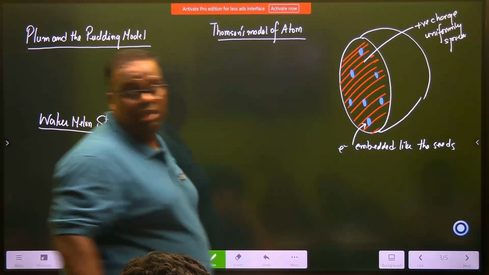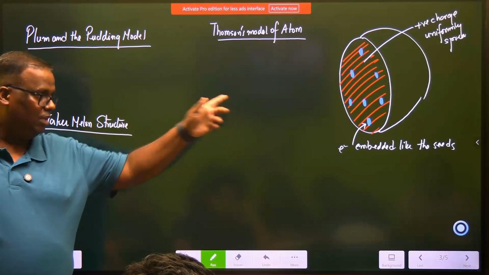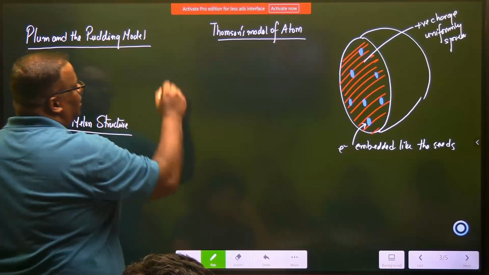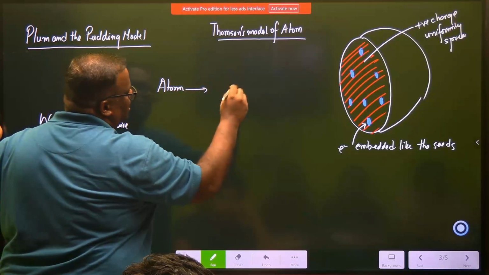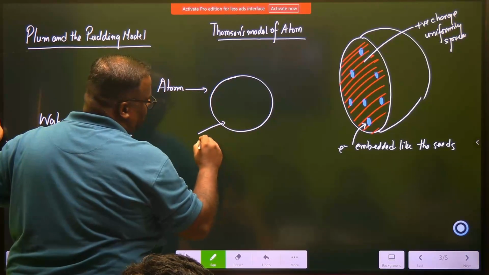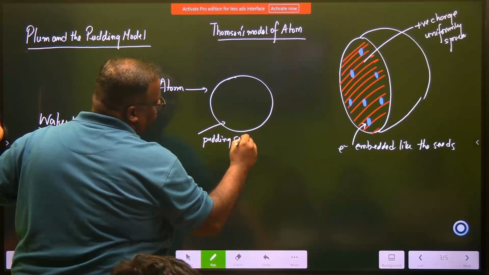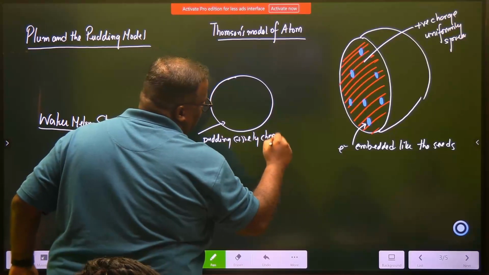Have you understood? This was his model. More than that, the name we know it by is the plum pudding model. He said the majority of the atom is like a pudding, and the pudding is the positively charged sphere.